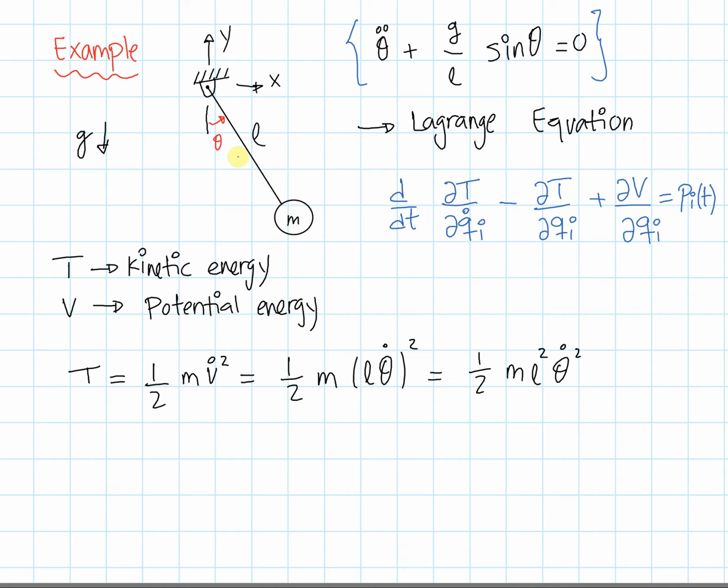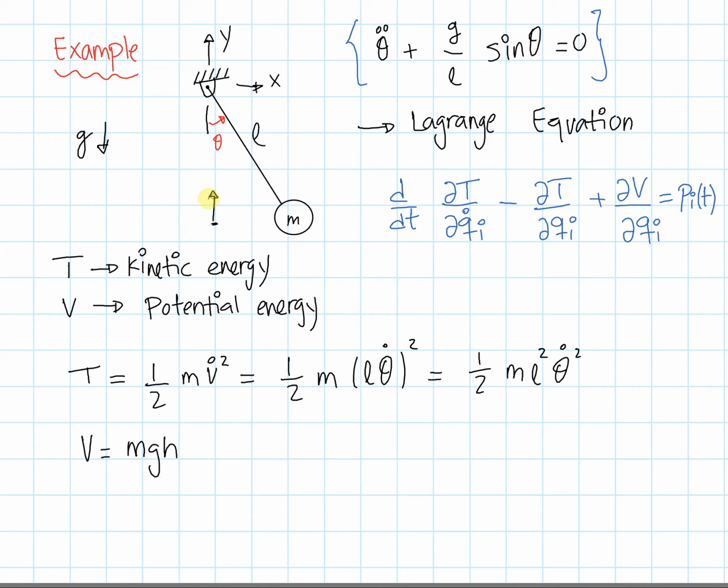Or we could have the following condition where elevating a mass can increase its potential energy. So what I can have is V is equal to mgh. H is the height of this mass. I'm going to start recording H from this bottom position where the mass originally must have been.